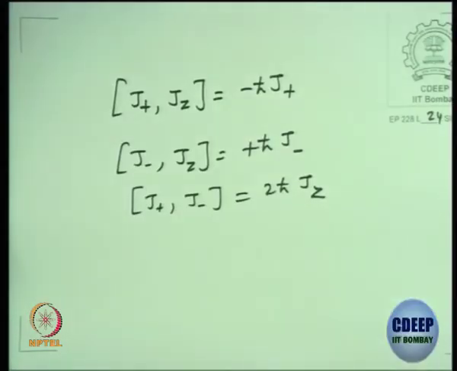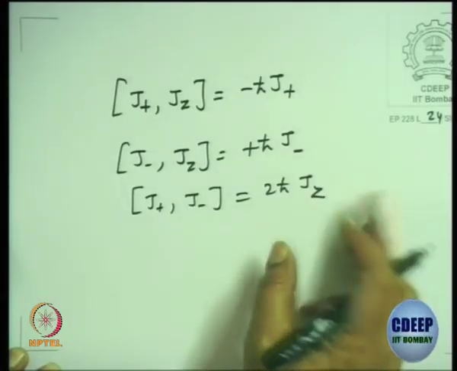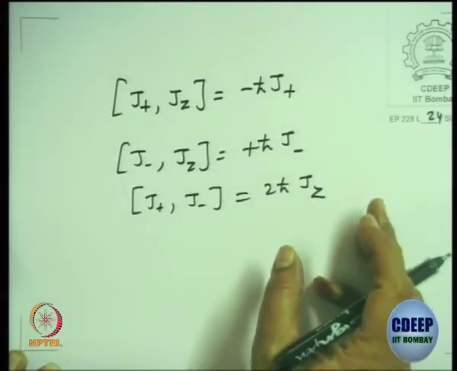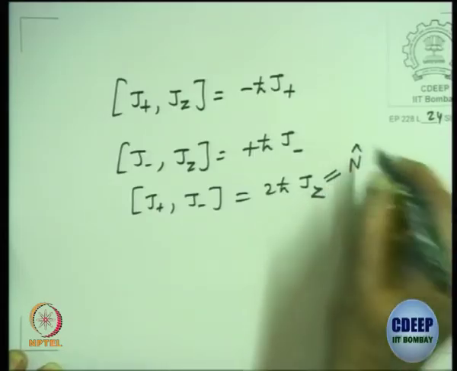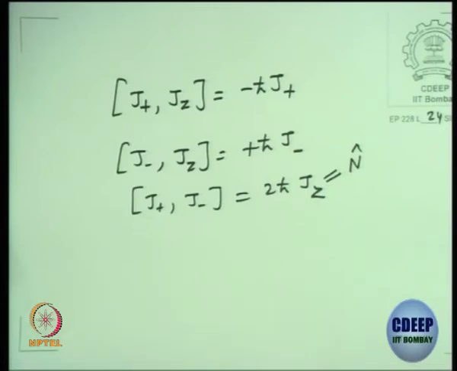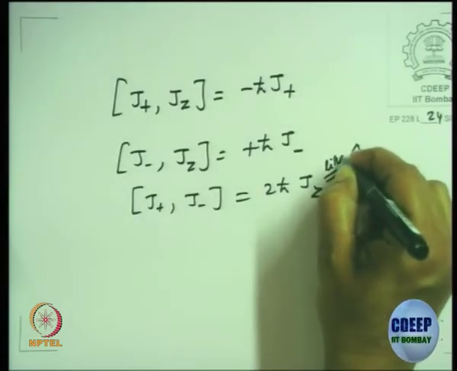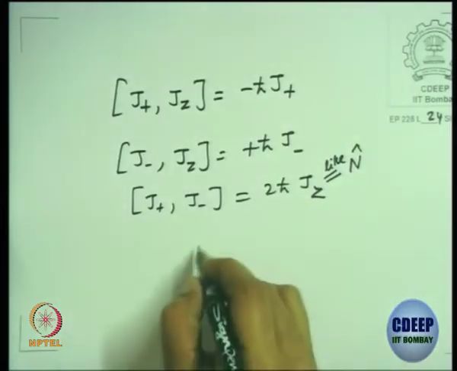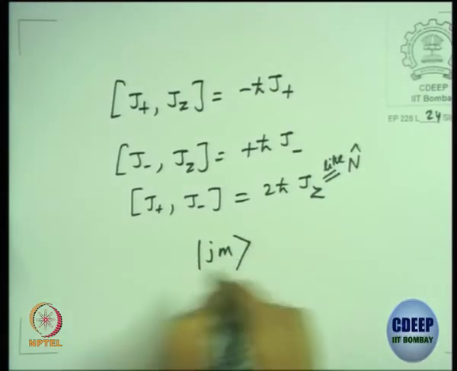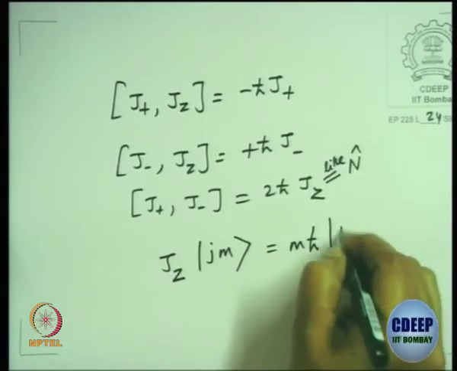Now let's compare with the harmonic oscillator. We said that the states are eigenstates of Jz from the hydrogen atom experience, right? So this is similar to your number operator, roughly, not exactly. Jz operator is like the number operator. If I write my state as Jm, with the Jz operator it gives you m H cross Jm.